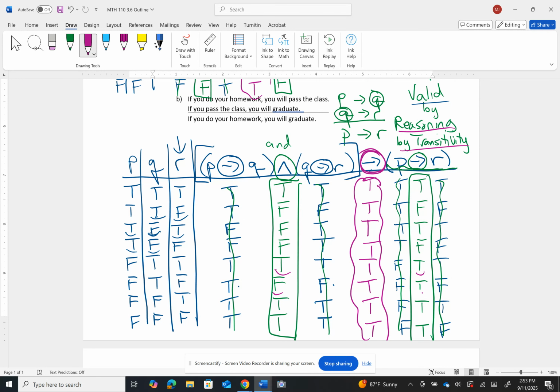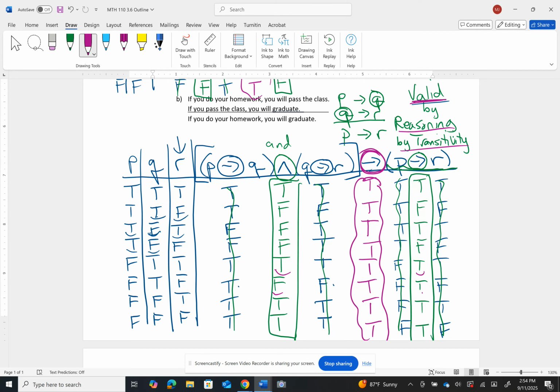All I'm trying to demonstrate is the truth table would have told us it's a valid argument. But if you recognize the argument form and it says it's okay for you to use it, you really already knew it was valid because you recognized it as reasoning by transitivity.